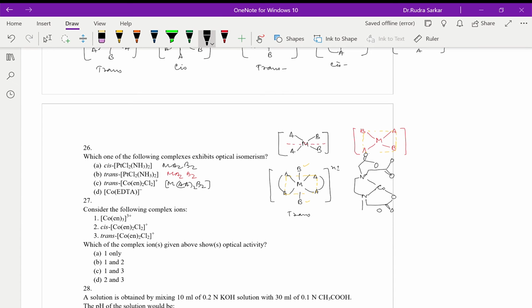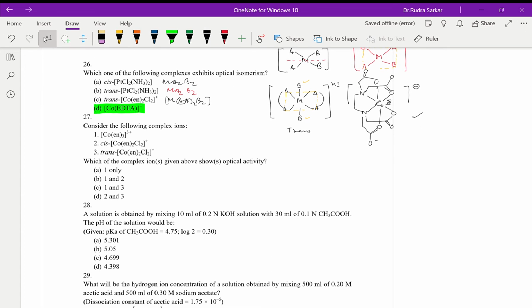There is another connector here, so that way we can think of this as our Co-EDTA complex. Obviously here the oxidation state on cobalt is 3. Now you can see that there is no plane of symmetry possible for this. Rather, this complex will show optical isomerism, and hence Co-EDTA will be our answer for this question.